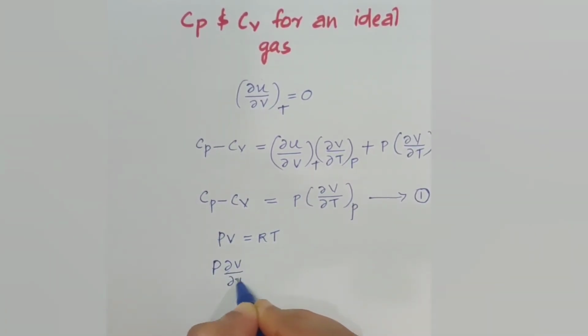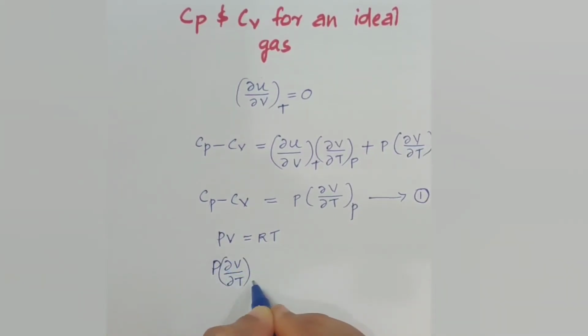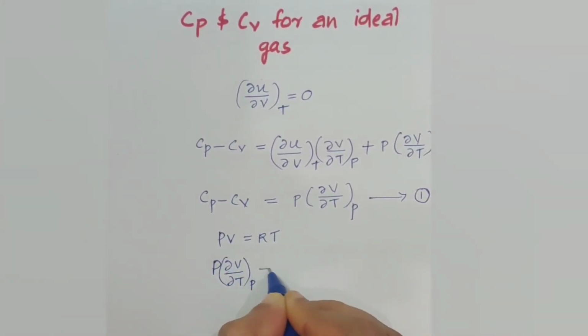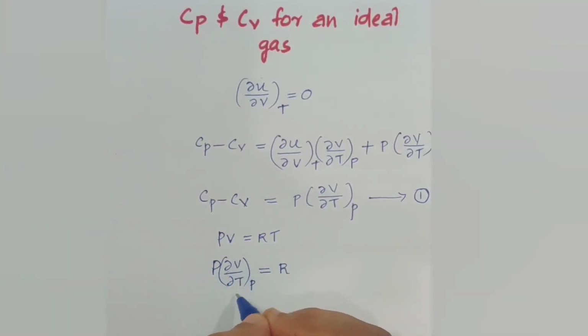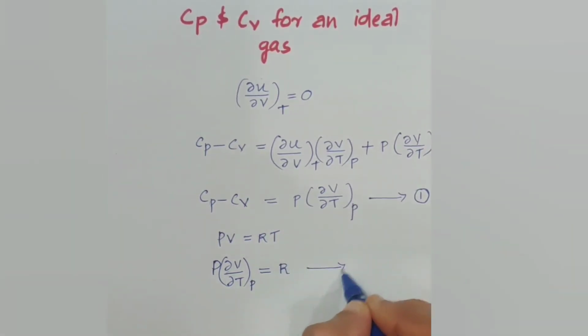Differentiating with respect to temperature at constant pressure, we are getting P into (∂V/∂T)_P equal to R. Then we can write it as equation number 2.